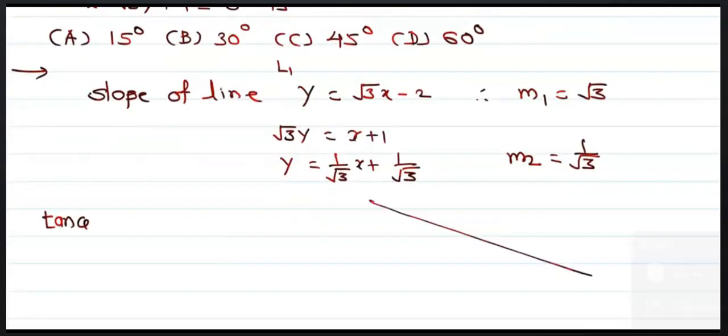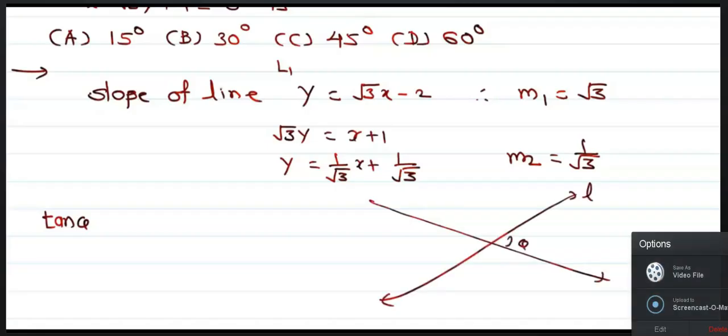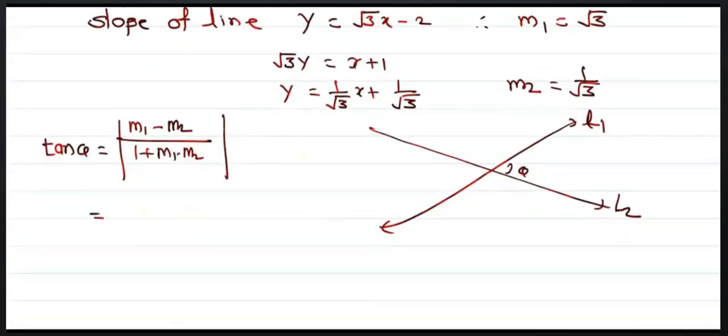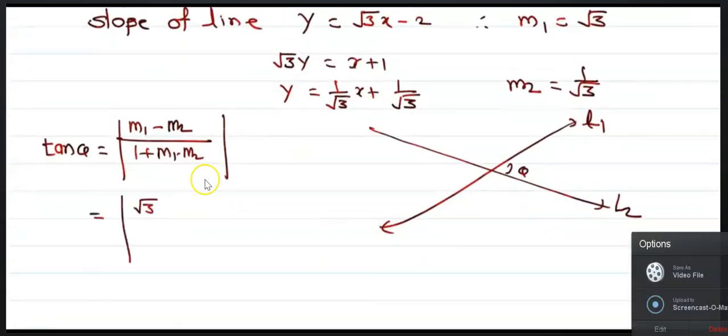Now tan theta is equal to, these are the two lines. We want to find the angle between them. Therefore tan theta is equal to m1 minus m2 upon 1 plus m1 into m2. We will substitute the values in this: m1 is root 3 and m2 is minus 1 upon root 3.